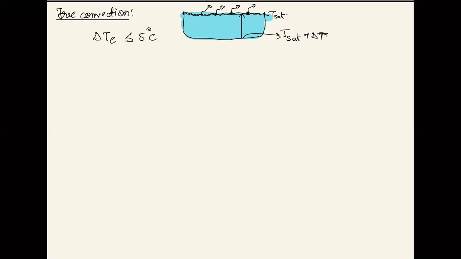And if someone wants to plot how the delta T is varying in this particular case, this is Y, and this is the temperature axis. This is your Tsat, this is your Ts. So the graph will look like this.